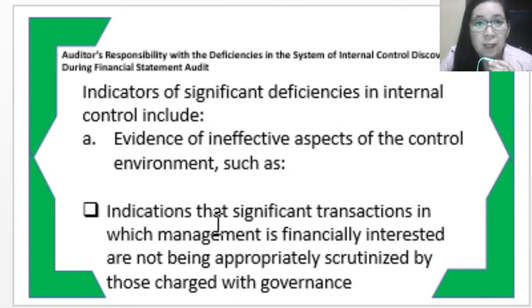These are the following indicators of significant deficiencies in the internal control. First, there is evidence of ineffective aspects of the control environment, such as indications that significant transactions are ones in which management is financially interested. This will create personal interest or advantage on the part of the management, so they might override the control so that this interest will be satisfied.